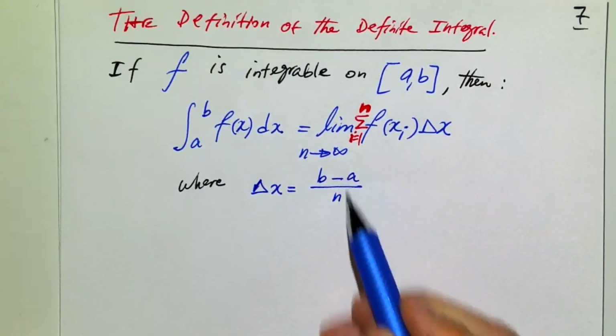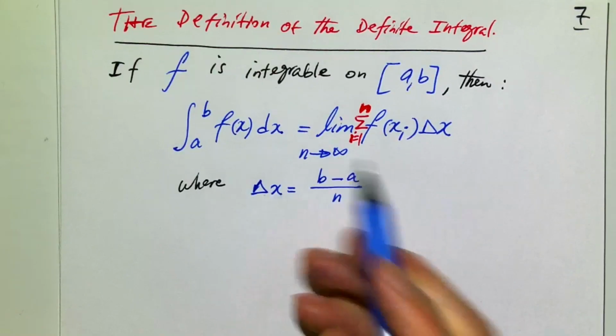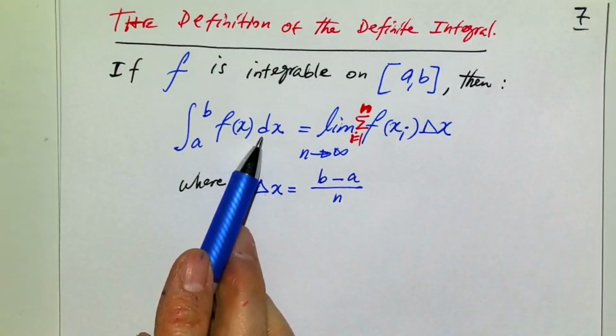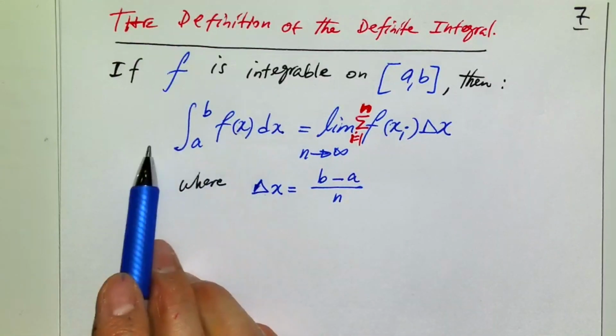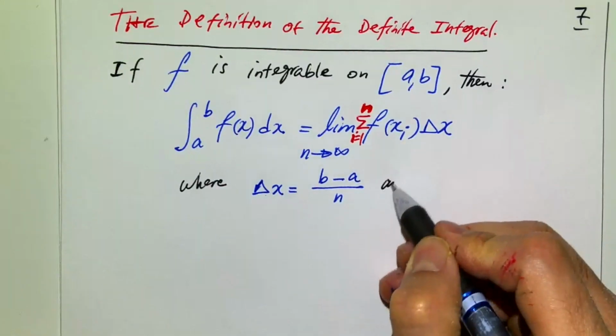Of course, as you know, as n goes to infinity, then the width of those delta x values become very small, which represents the dx on the definite integral side of this equation.